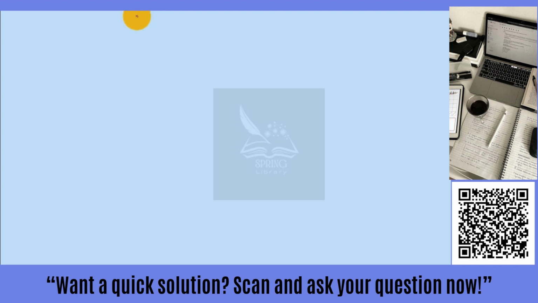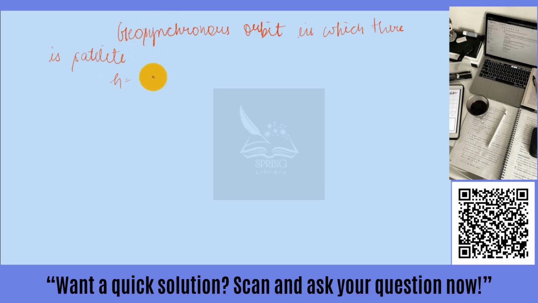Given a geosynchronous orbit in which there is a satellite, the height of the orbit is h = 3.58 × 10^7 meter.